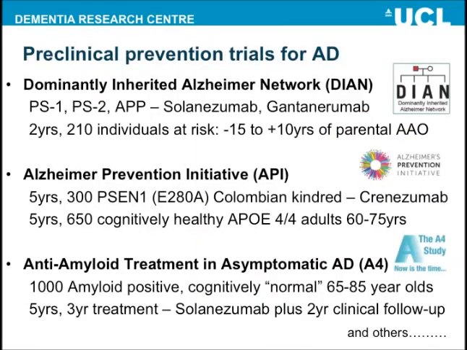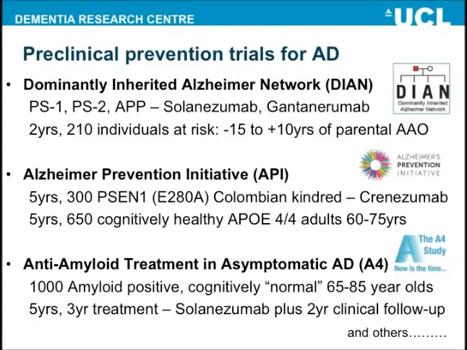Well, that era has, we hope, arrived. So over the last year, a number of preclinical prevention trials have started, and the people in this room are some of the first people in the whole world to enter these trials. So the DIAN study is doing a trial of 2 antibodies against amyloid. The Alzheimer's Prevention Initiative is, I need to update that, it's no longer than 2 years.